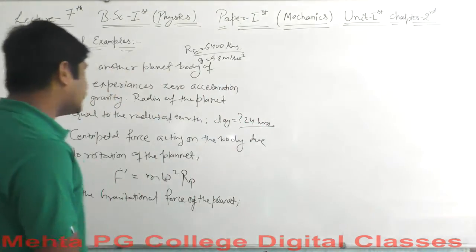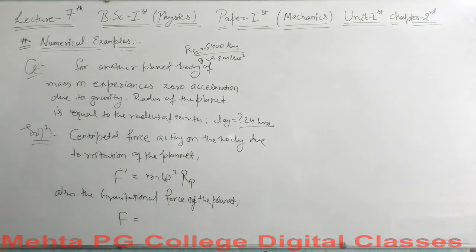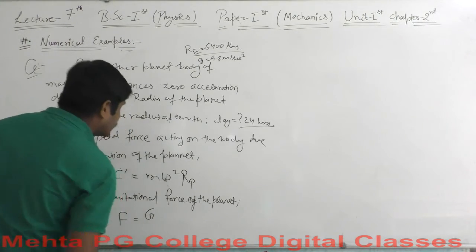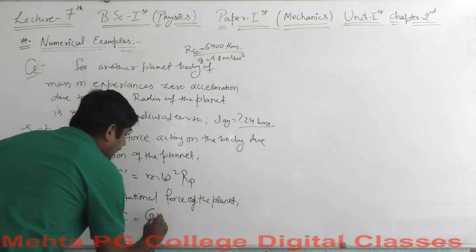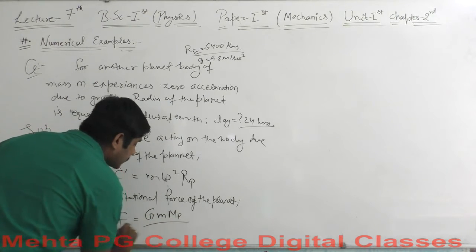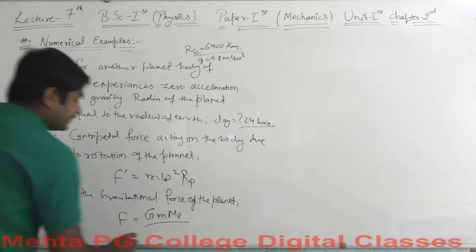So the gravitational force F will be equal to G, the gravitational constant, times small m, the mass of the body that is attracted, times mp, the mass of the planet, divided by rp square.